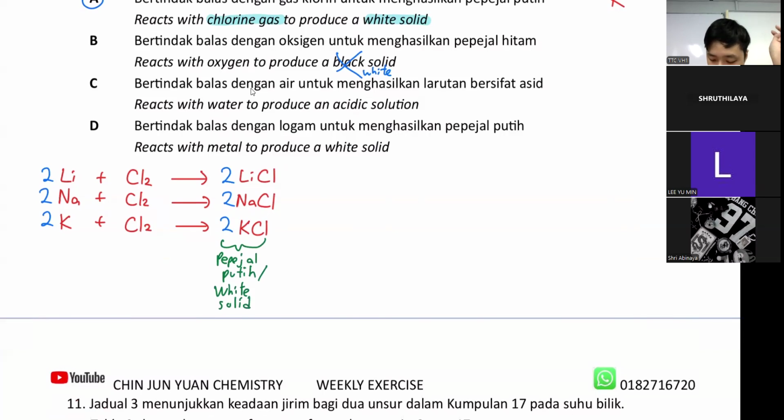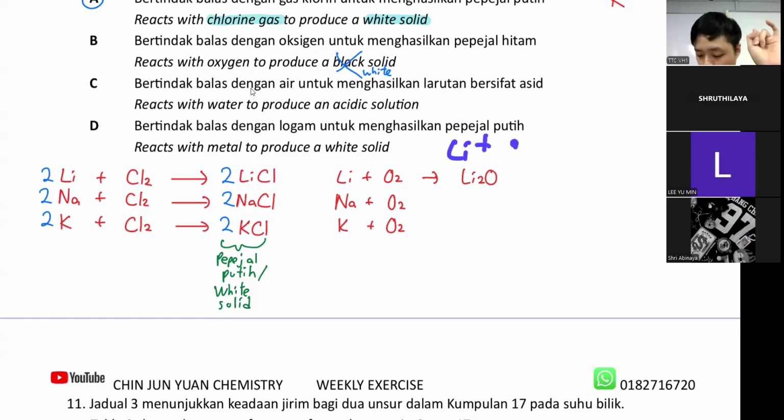Another one can be Li reacting with oxygen, or either sodium or potassium, anything. You get Li2O because O is 2 minus. Li is 1 plus, O is 2 minus. So that's why you get Li2O, Na2O, K2O.